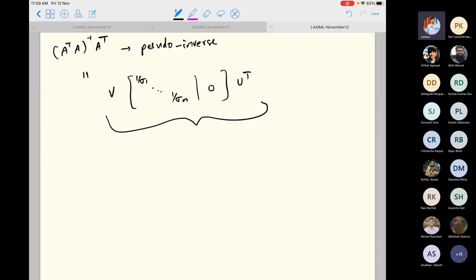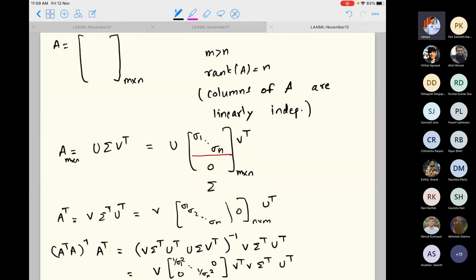Is that okay, Kaushik? Yes, sir. Just one question. If you go back one page, in the last step, inverse of V transpose, I guess V is not a square matrix, right? It will be a square matrix, no?